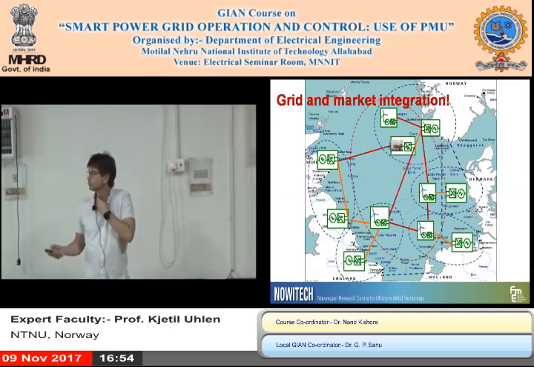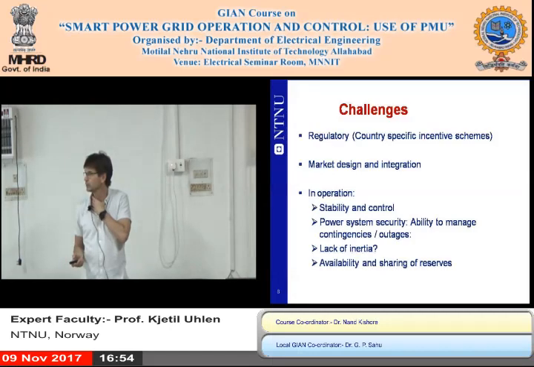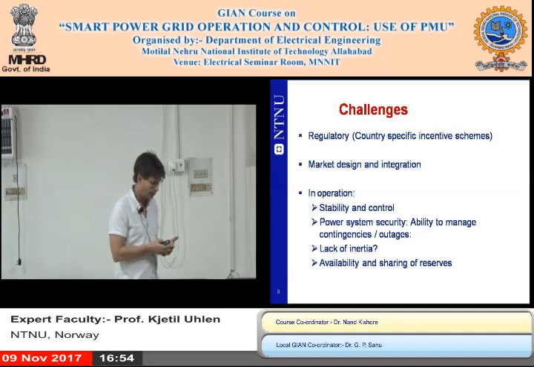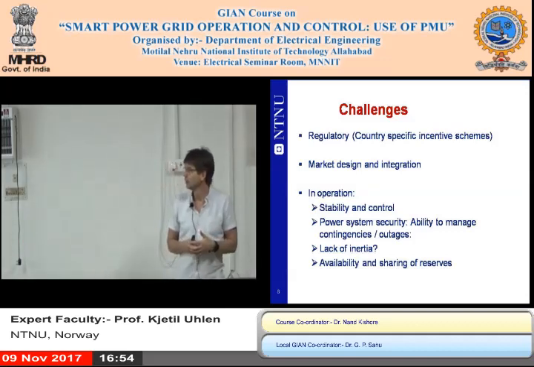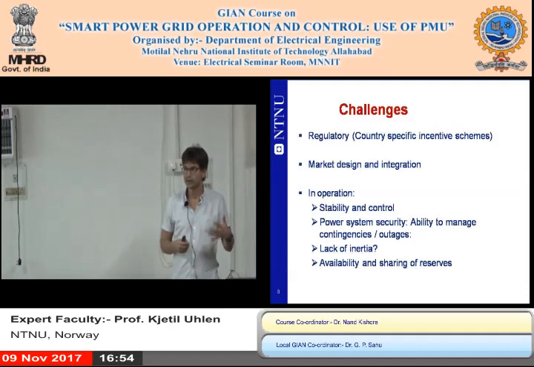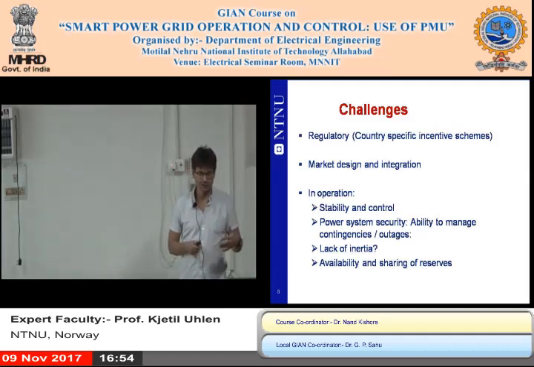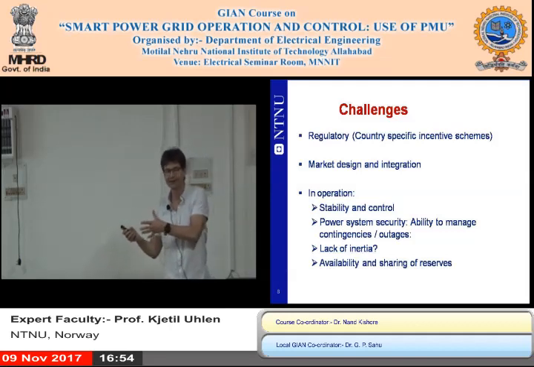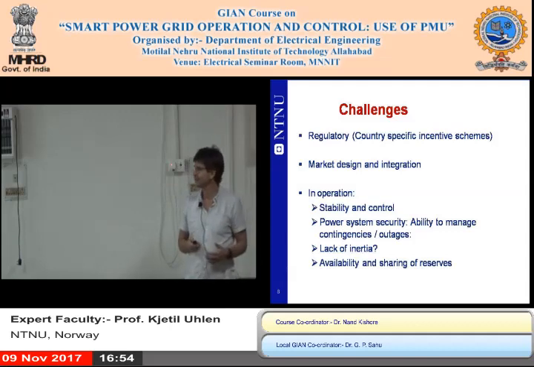There are a number of challenges. First of all, there is a regulatory challenge. How do we make the different countries agree on developing such a grid? There are country-specific incentive schemes for subsidizing renewable energy, for example. The English don't want to give away power to Germany and vice versa, so there are issues.